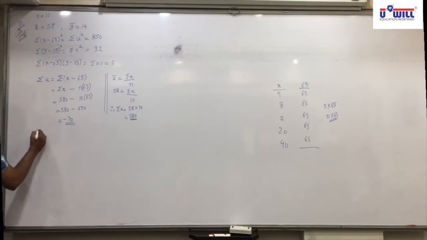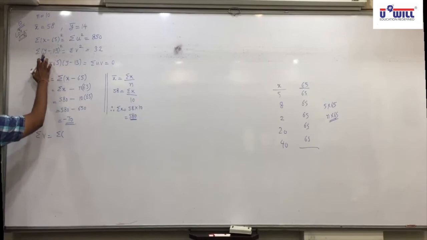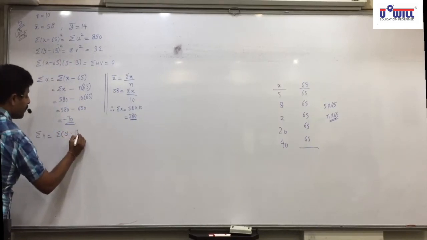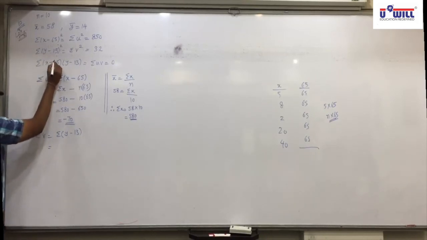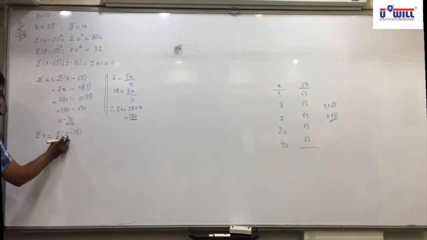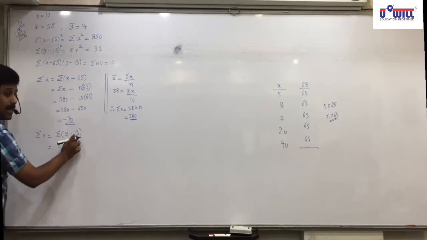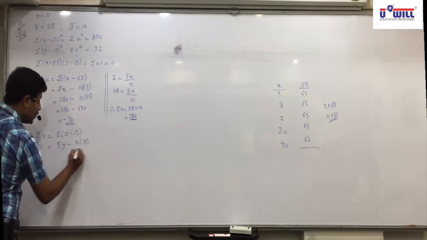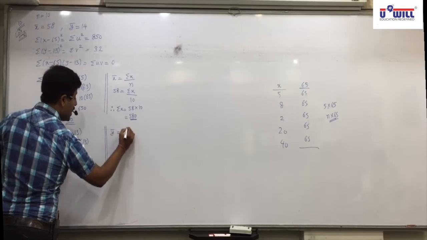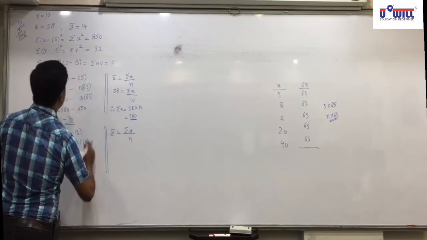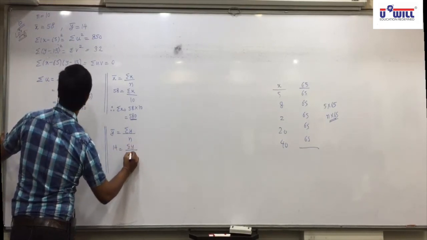10. Now those who are not clear, see here: sigma v will be sigma of y minus 13. Any confusion in this? What is v? y minus 13. Now here, if you open the brackets, sigma y will become sigma y, but sigma 13 will become n into 13. Now sigma y we will find from y bar. y bar is sigma y upon n. y bar is 14, and n is 10.